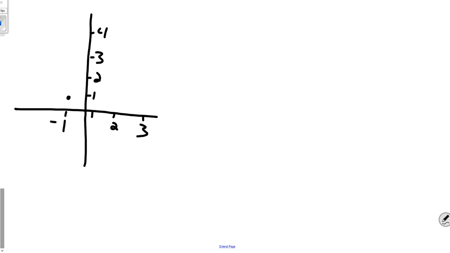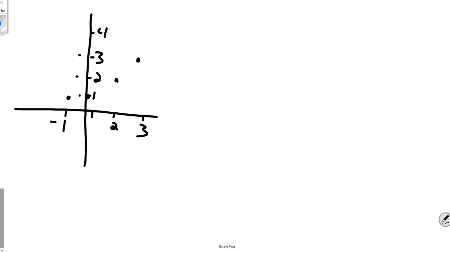Right. Like my x values should be -1, 0, 2, 3. My range is 1, 2, 3. Oh, yeah, 1, 2, 3. That's all it is. Do you guys remember doing that?